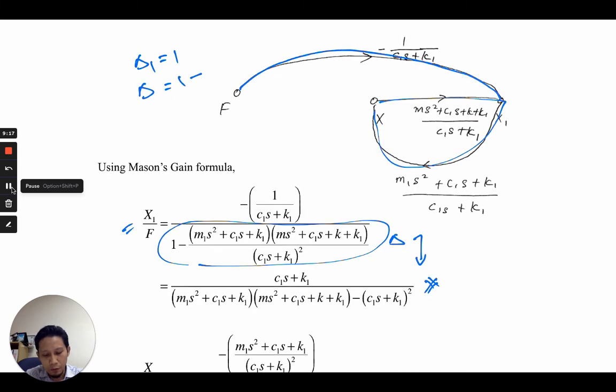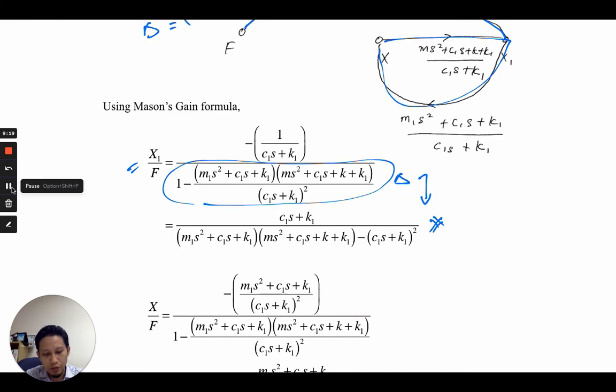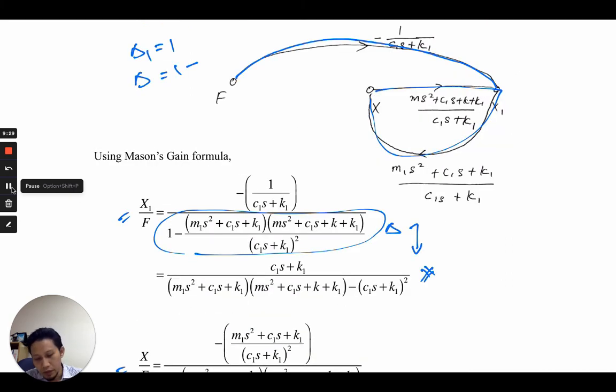We can also find the transfer function if, let's say, I ask you to find x over f. It is also possible to find the transfer function x over f using the same signal flow graph. So instead of having T1 ending here, we want to have the ending at x, so our T1 actually continues to this point.